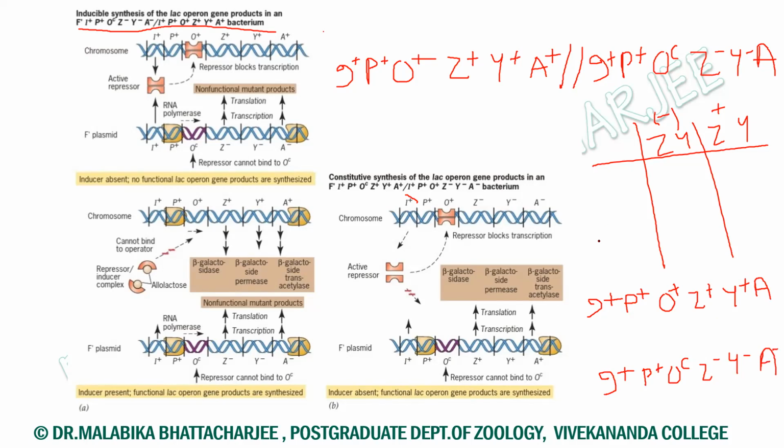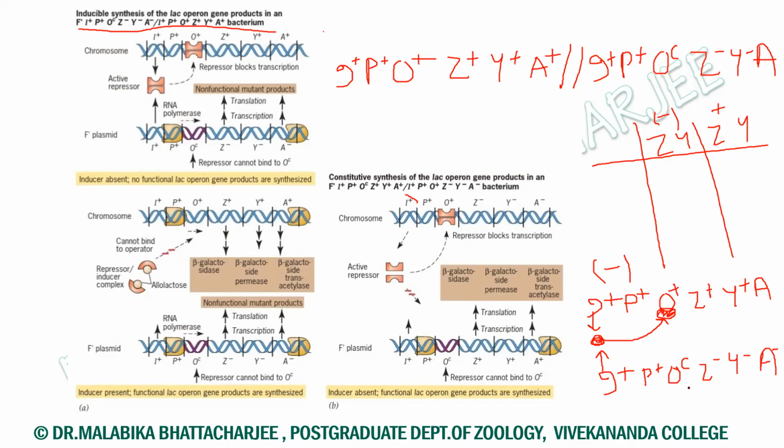So let us assume that in absence of lactose, what will happen? There is no lactose in the system. We are having a normal repressor protein. So the repressor protein will come out, as you can see, from this repressor gene and from this repressor gene. This repressor protein will go and bind to this operator molecule because this operator molecule is normal. But we are seeing an operator mutation here. So there will be no binding because of OC, the repressor molecule cannot bind.